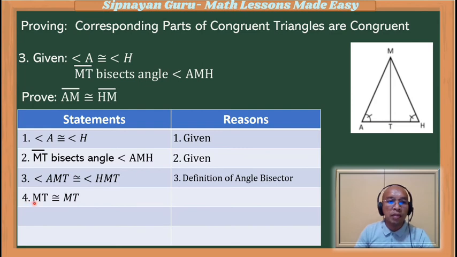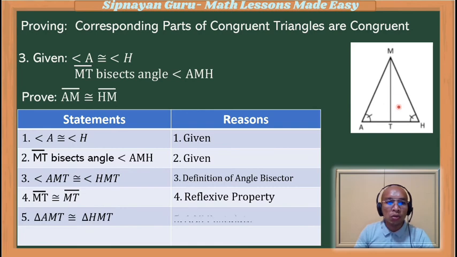We can now have statement number 4 that segment MT is congruent to itself because of the reflexive property. So we can conclude that these two triangles are congruent by virtue of the ASA postulate. Now, since these two triangles are congruent, we can conclude that this statement is true by virtue of the CPCTC theorem.